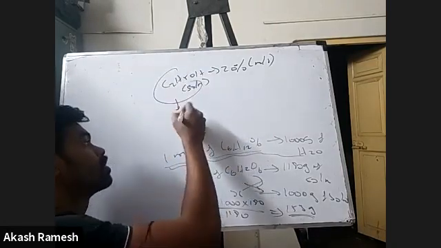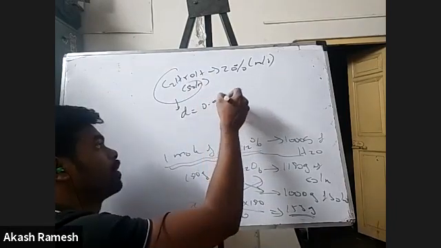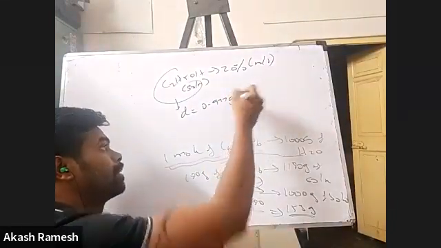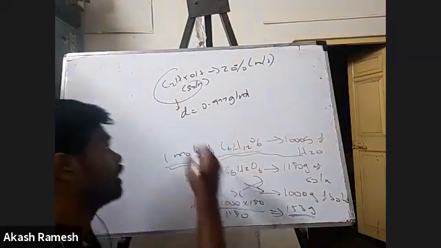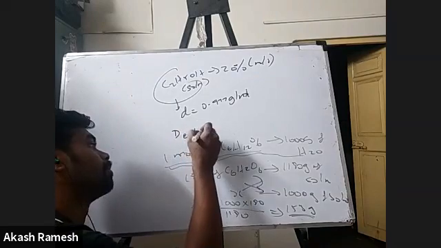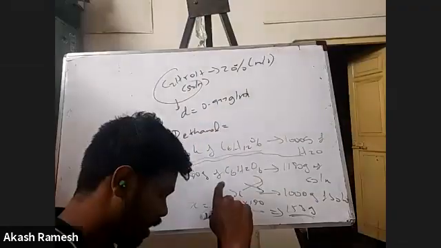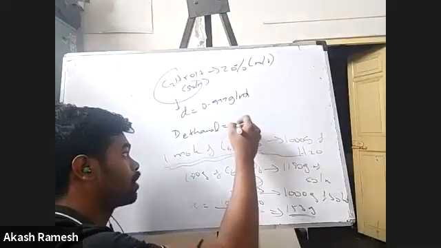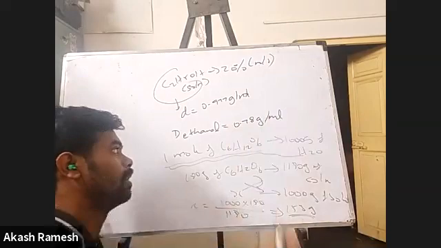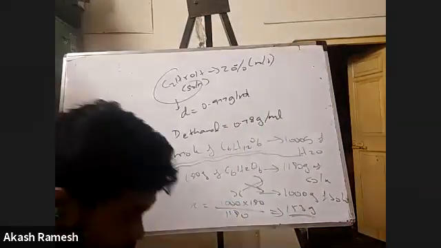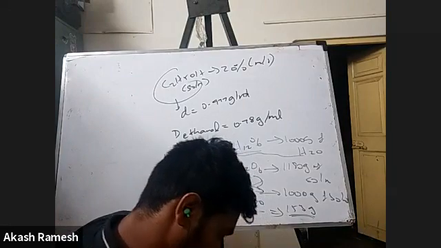Now this solution's density is 0.977 gram per ml, right? Okay, and the density of ethanol alone, it's not in the solution. I know ethanol is also a liquid. Its density when ethanol is alone is 0.78 gram per ml.